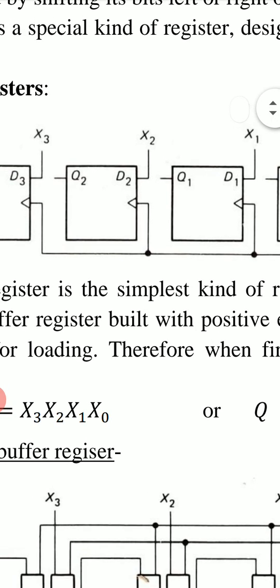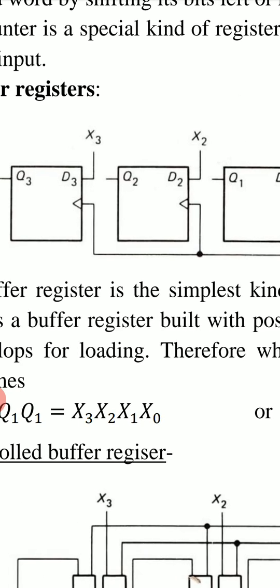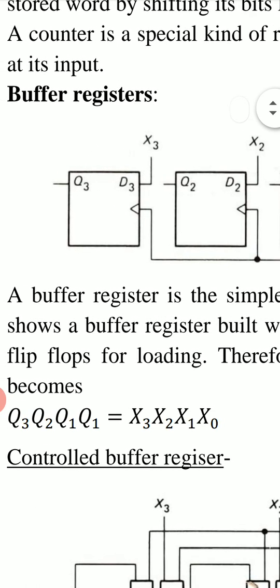This is the third D flip-flop. Input data bit D2 is X2 and output data bit is Q2. And this is the fourth D flip-flop. Input data bit D3 is X3 and output data bit is Q3.